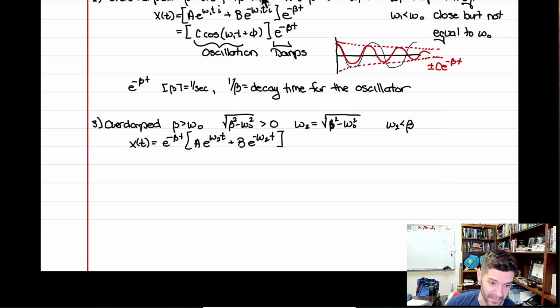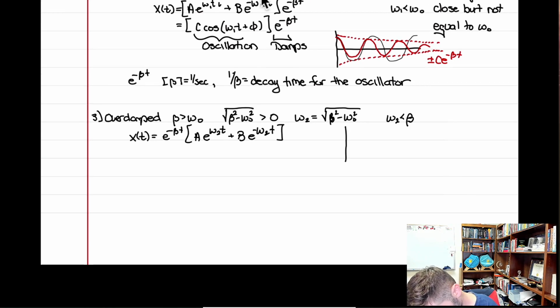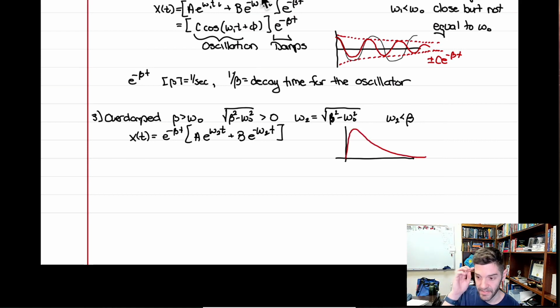Both of these terms should die off. So if we were to plot this, maybe you're launched from the origin, you kind of shoot up, but then you're driven back down, and ultimately you just get an exponential. There are no oscillations.